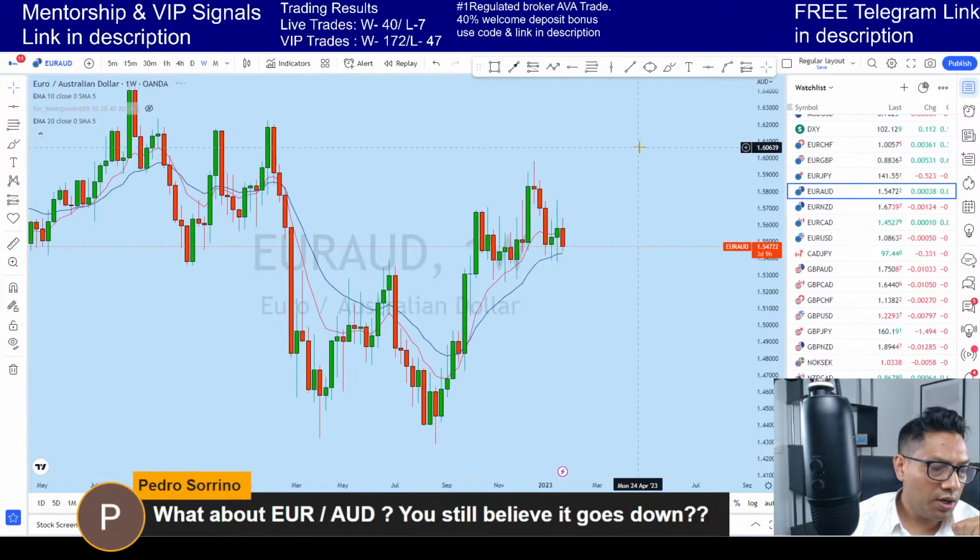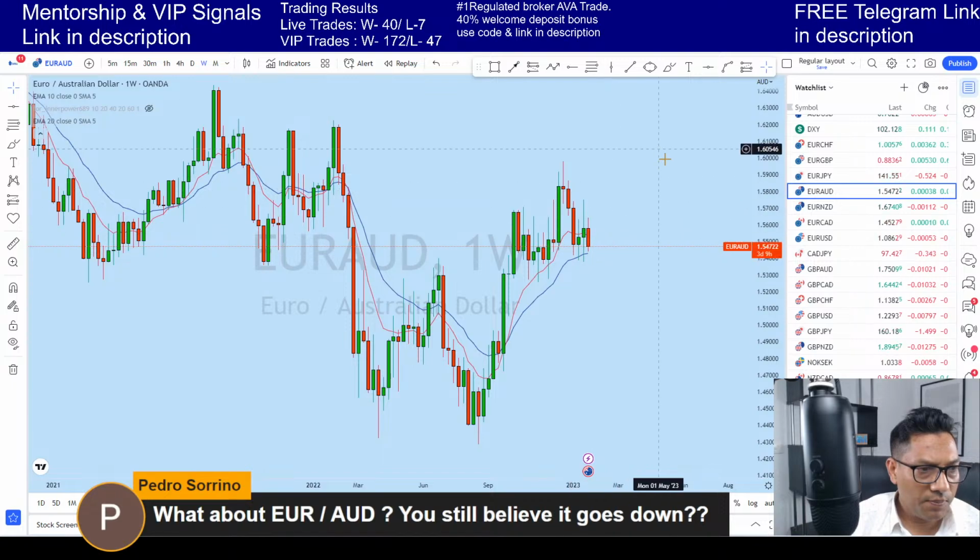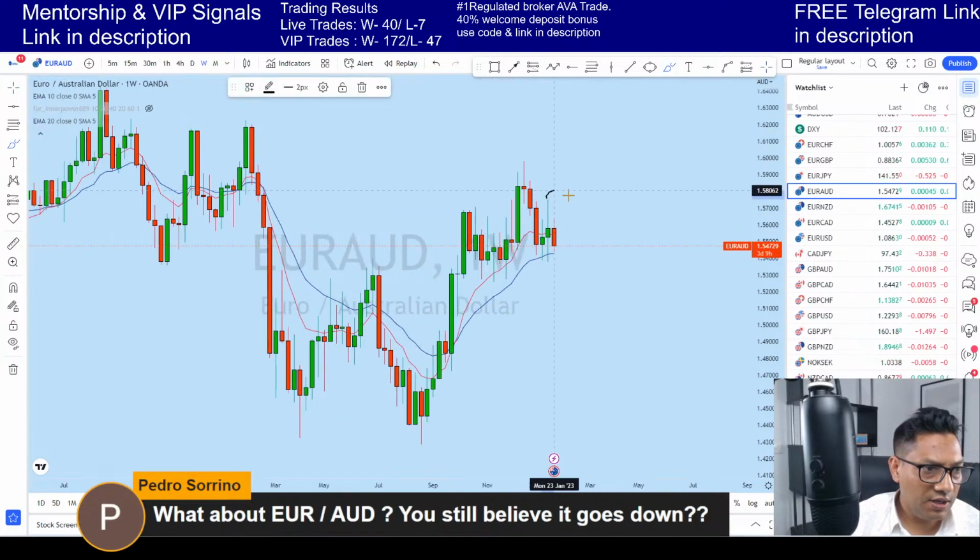So let's look at the weekly. From the weekly perspective, the way the price action formed, there is a possible head and shoulders here on Euro AUD. And with that head and shoulders, I think this market might continue to drop.